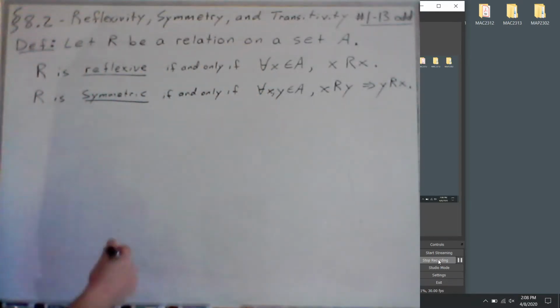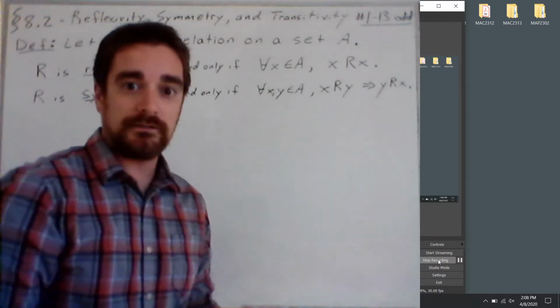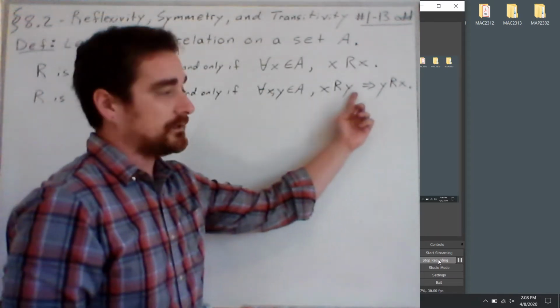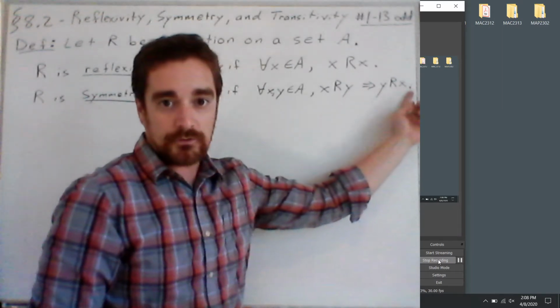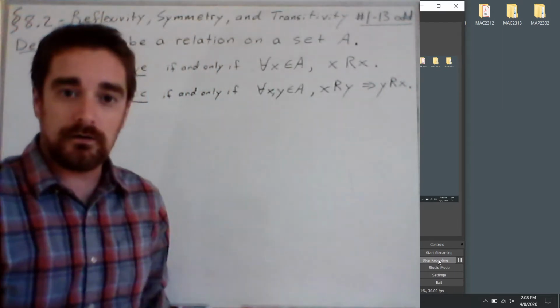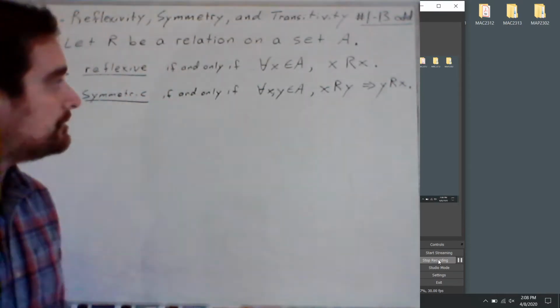So for this property of being symmetric, one quick example is something like, 1 is less than 2, but 2 is less than 1? No, that's not true, right? So the less than inequality that we talk about is not symmetric.